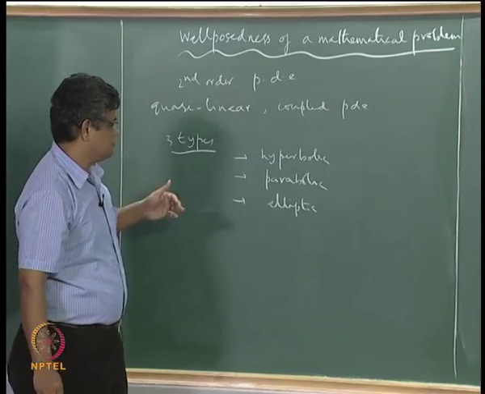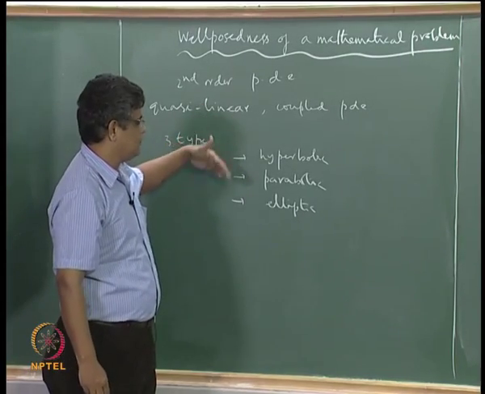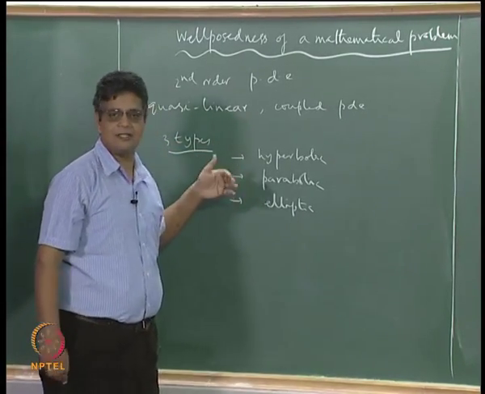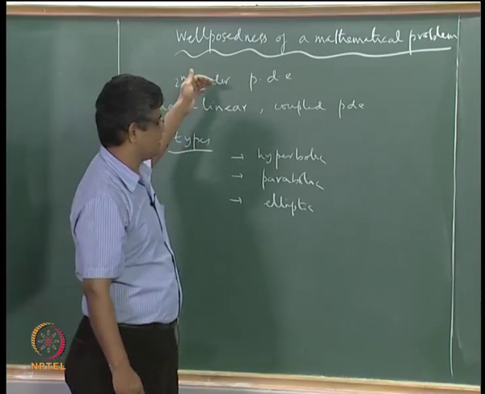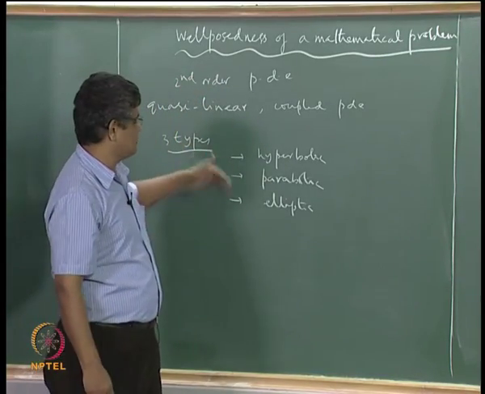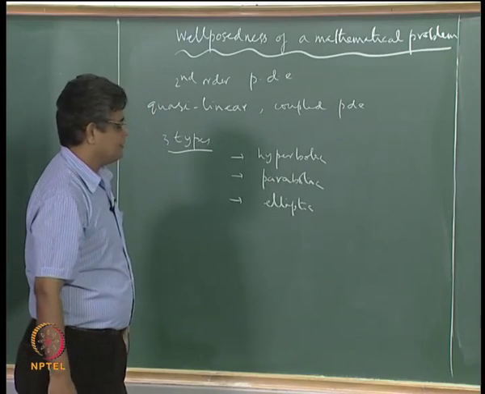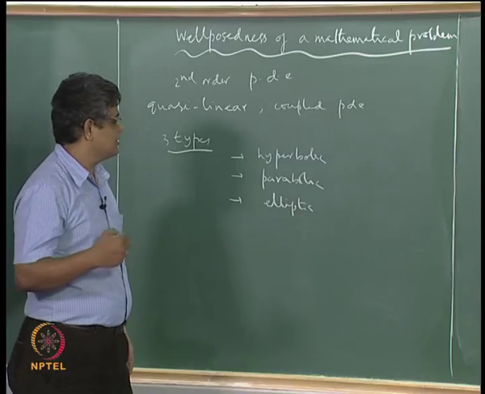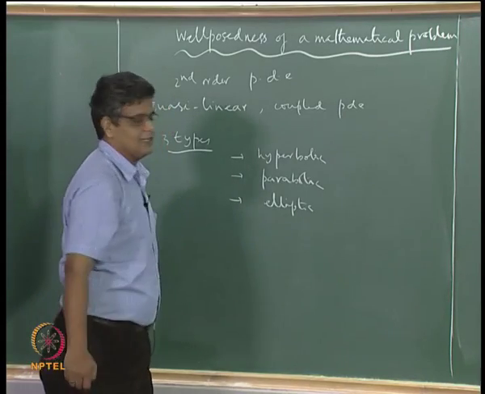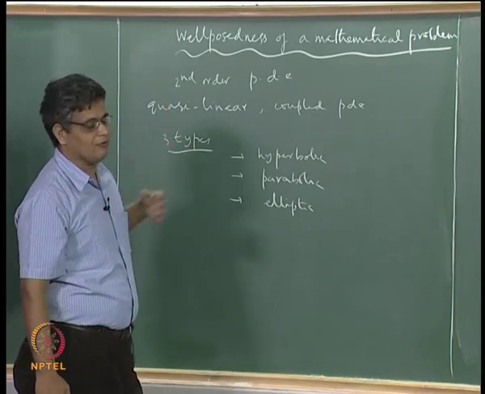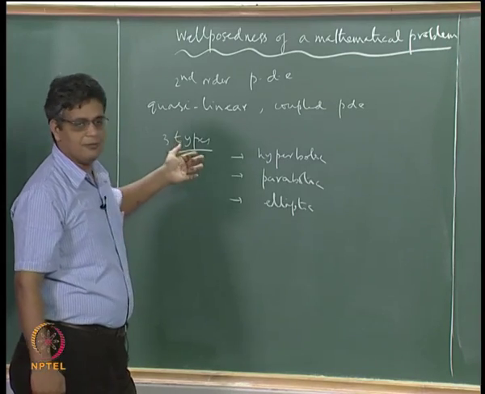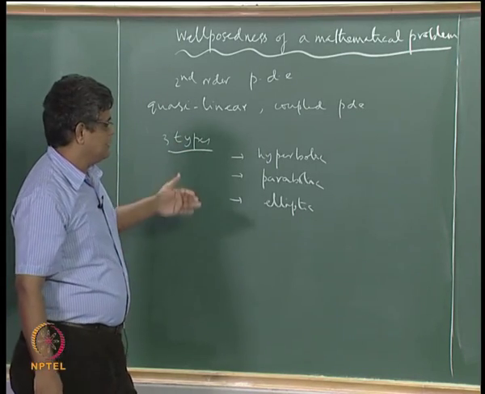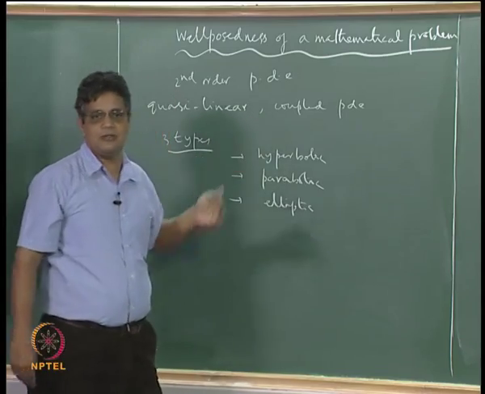We will not go into the details of when it is hyperbolic, parabolic and elliptic. That classification is well known, but we would like to look at the physical interpretation of what is hyperbolic and how these things may affect the boundary conditions. When we say hyperbolic solution, we mean that it is a wave like solution.